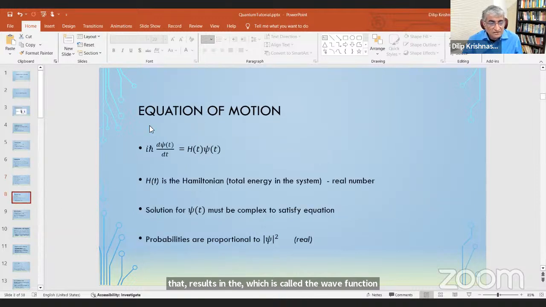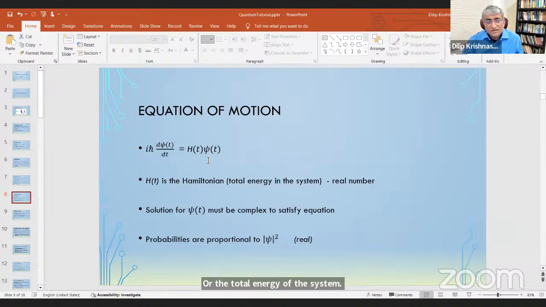The wave function satisfies this equation of motion: i h bar d psi by dt is H psi, where H is the Hamiltonian or the total energy of the system.